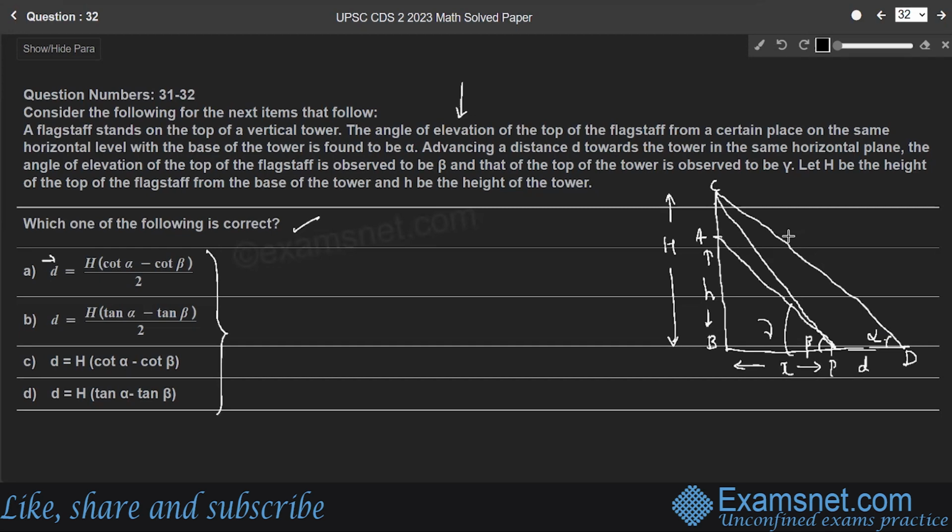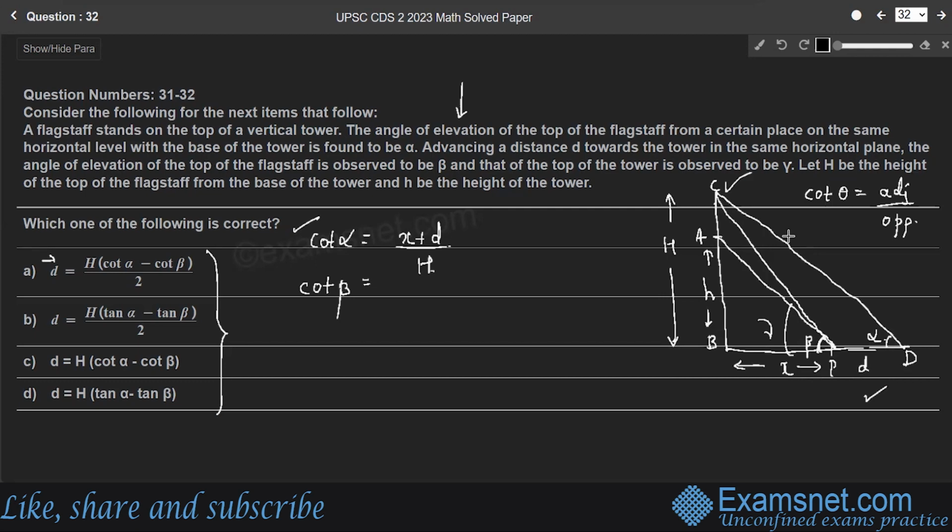Cot theta, in general terms, is adjacent by opposite side, which is the inverse of tan. So cot alpha, its adjacent side is BD, which is the sum of x and d, by the opposite side to alpha, BC, which is capital H. And cot beta, angle beta is here at P.